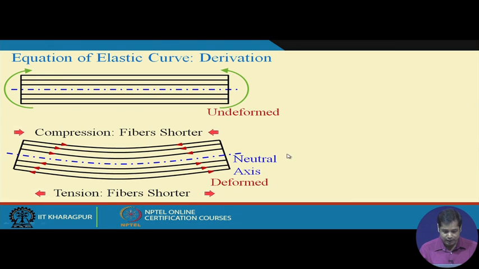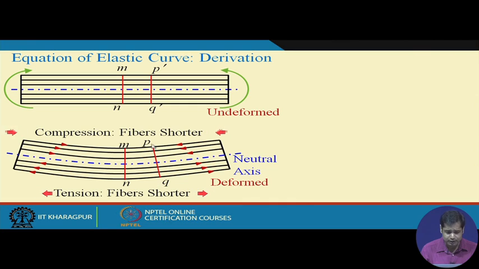Now what happens? This is the neutral axis. Now we take two sections, MN and PQ, or we take a small element in this beam, MN, Q dash and P dash, and correspondingly that element becomes this. Our first assumption was that these planes are normal to the neutral axis, they remain plane, and again normal to the neutral axis. Suppose P dash Q dash is the undeformed configuration.